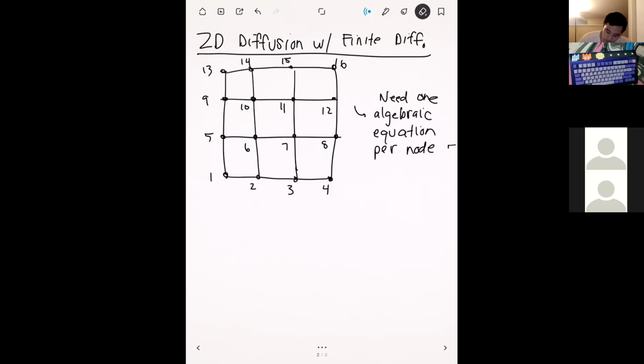Right. And so the reason we assign a unique number is to help us build our system of equations, okay? And then right alongside this, just to keep track of where each of the nodes are physically located, we also kept track of their ij coordinates, okay?